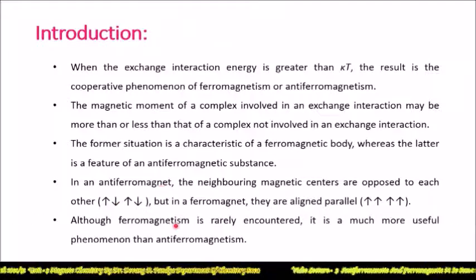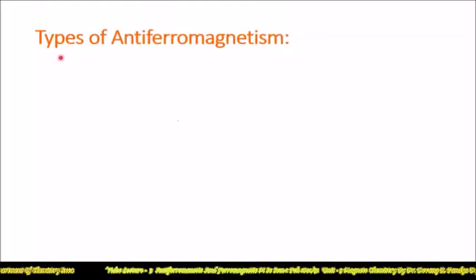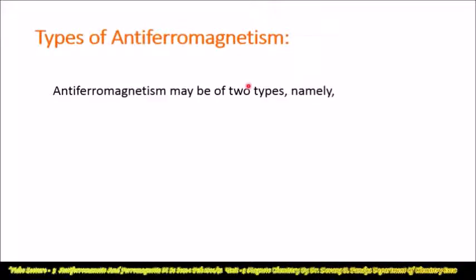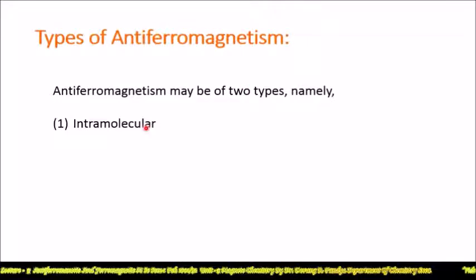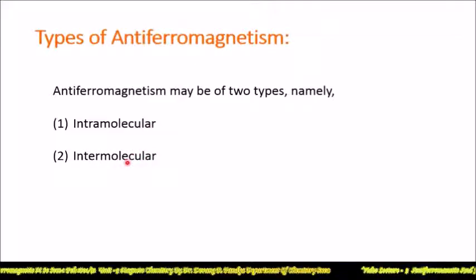Although ferromagnetism is rarely encountered, it is a much more useful phenomenon than antiferromagnetism. Now, types of antiferromagnetism. There are two types of antiferromagnetism, namely, number one, intramolecular antiferromagnetism and number two, intermolecular antiferromagnetism.